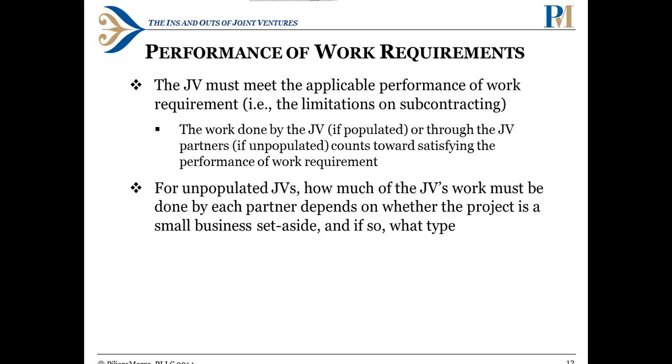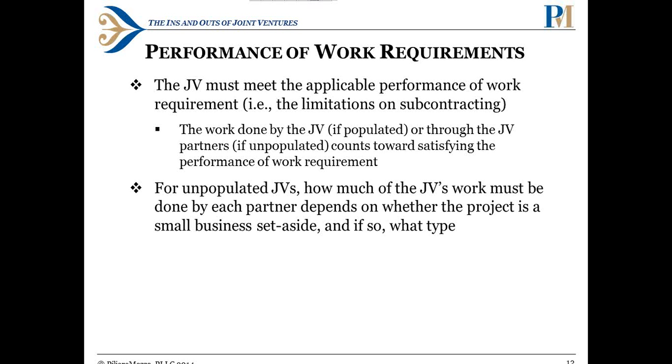So either the populated joint venture, which we'll get to in a minute, or the joint venture partners of an unpopulated joint venture can satisfy this performance of work requirement. So if you draw a line, above that line is the joint venture itself and the joint venture partners. Any work performed above the line satisfies that limitation on subcontracting, and then you have the remainder of the contract to subcontract out to unrelated parties if you need to. So again, it's a tool to go after contracts that you may not be able to compete for on your own.